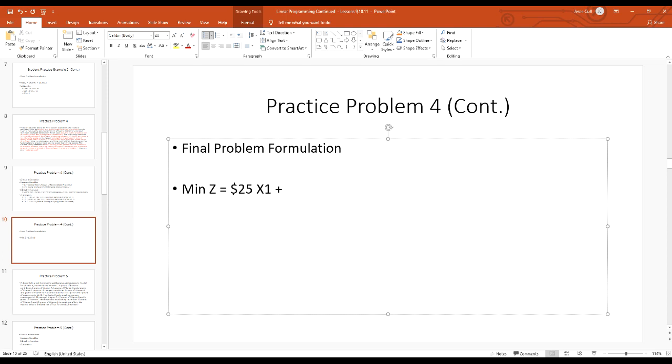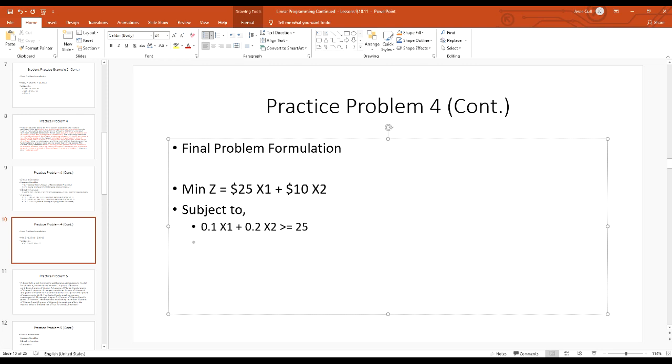The first step is our objective function, subject to the following constraints. And it must be greater than or equal to 25 total tons, as we saw.